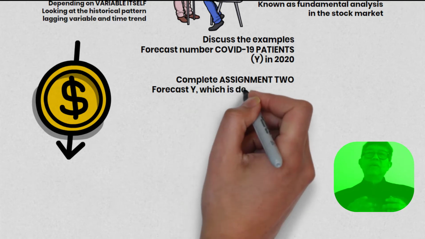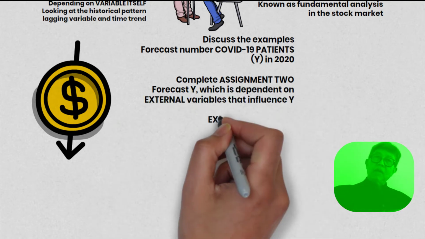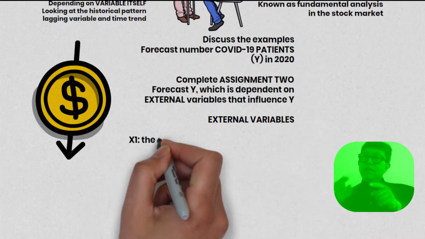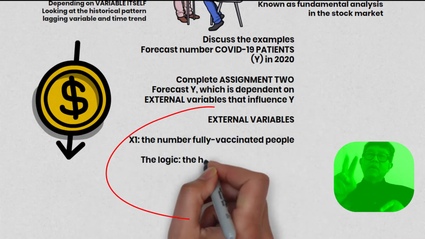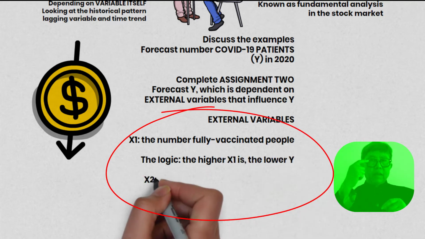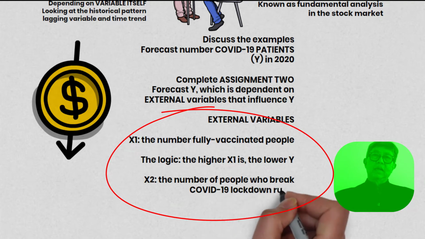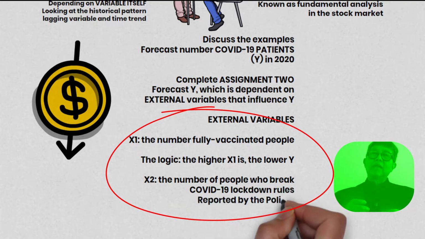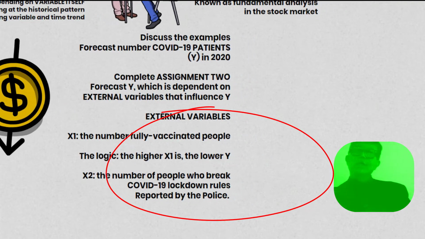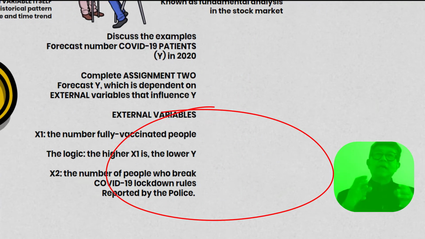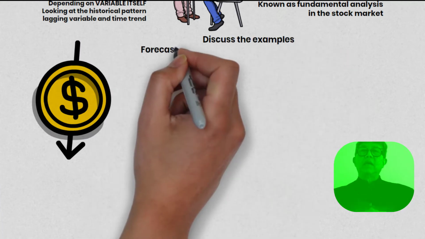Say, for example, if you look at the COVID-19 patients in assignment 1, you regress on the lag value of the variable itself. In assignment 2, you need to think: what does the COVID-19 patient count depend on? What variables affect the COVID-19 patients, whether more infection or less infection? You look at the external variables that influence Y.